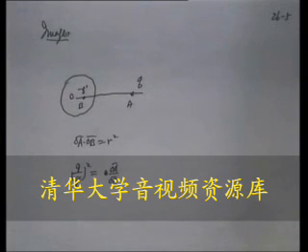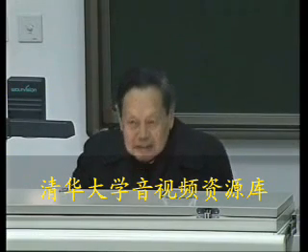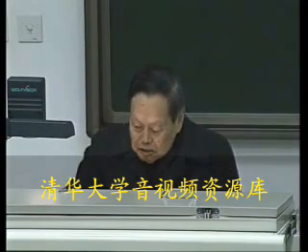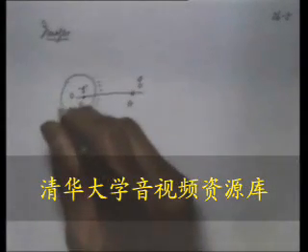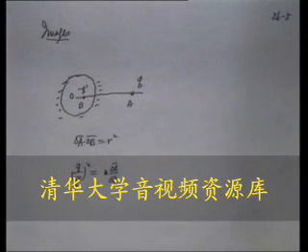So that's the method of the images. And what is the total charge on the sphere? There will be negative charges on here. It is equal to minus Q prime. We've proven that.